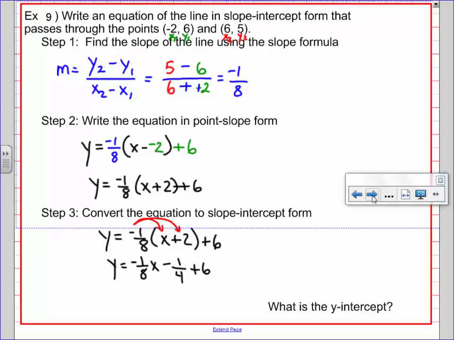So then I have to combine my constants, and I get negative 1/8x. Well, 6 is really 24/4, so plus 23/4. And so that means that my y-intercept is this constant out back, so the y-intercept is the point (0, 23/4).